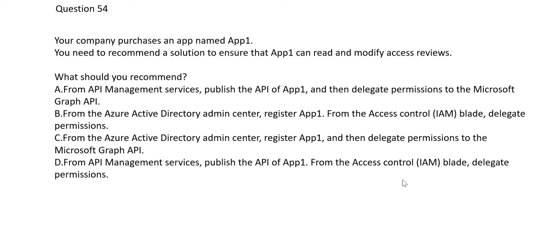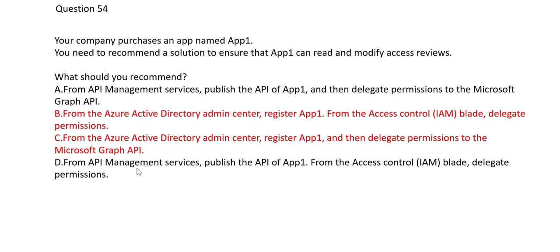Whenever you see a question related to ensuring that some sort of access is given, you should think about Active Directory. Out of these options, only these two are relevant because A and D are talking about API management services, and they are nowhere linked to our question. So this is a thumb rule we use.